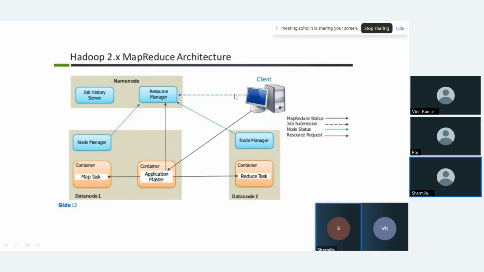Because the name node has all the details. Let's say I have a file, abc.txt, which contains, I'm just taking a very basic example, a lot of lines of text.